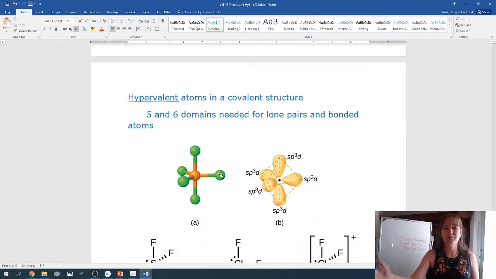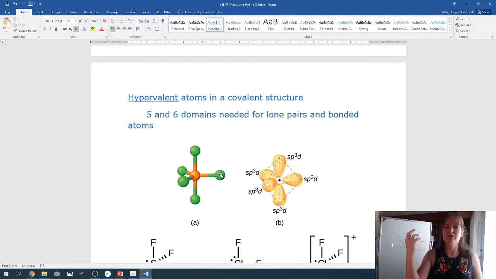There are some structures where an atom can hold more than 8 electrons because it has d orbitals. So it has to be something whose outermost energy level is energy level 3 or 4 or 5. These are atoms that have empty d orbitals.